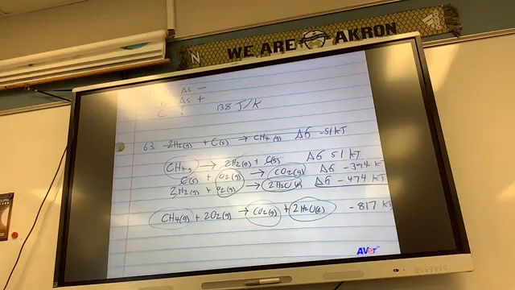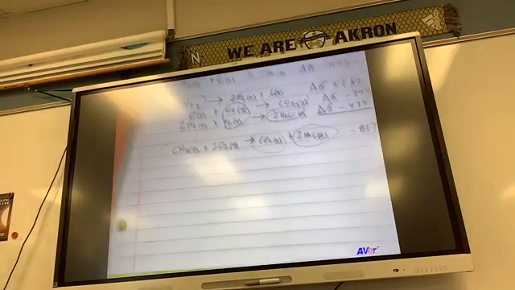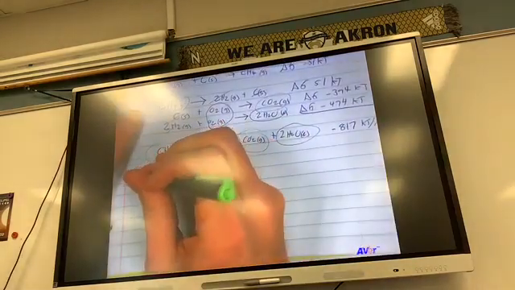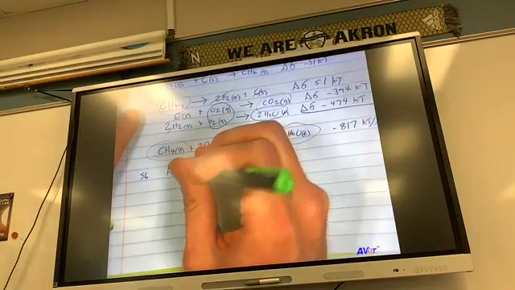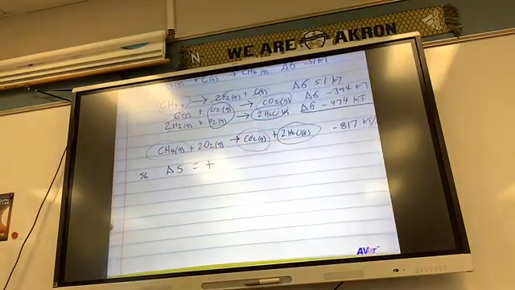So on this for 56, the first thing that I did is I solved for delta S. On 56, for my delta S, for my entropy, I got positive, because I form more moles of gas.